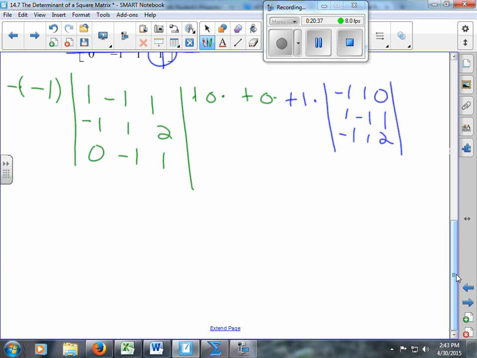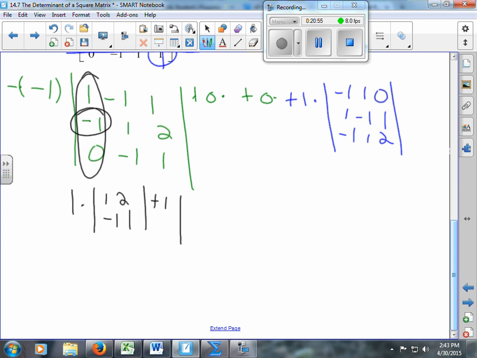Okay, so let's work on this 3 by 3. It'd be easiest to use this row or column. It has a 0 in it. So I'm going to do 1 times 1, 2, negative 1, 1, because I cancel the row and the column. Then this negative 1 is in the negative spot, so plus 1 times, and I cancel my row and column. I get negative 1, 1, negative 1, 1. And then finally, the last one is that 0, so it doesn't matter what I multiply by.